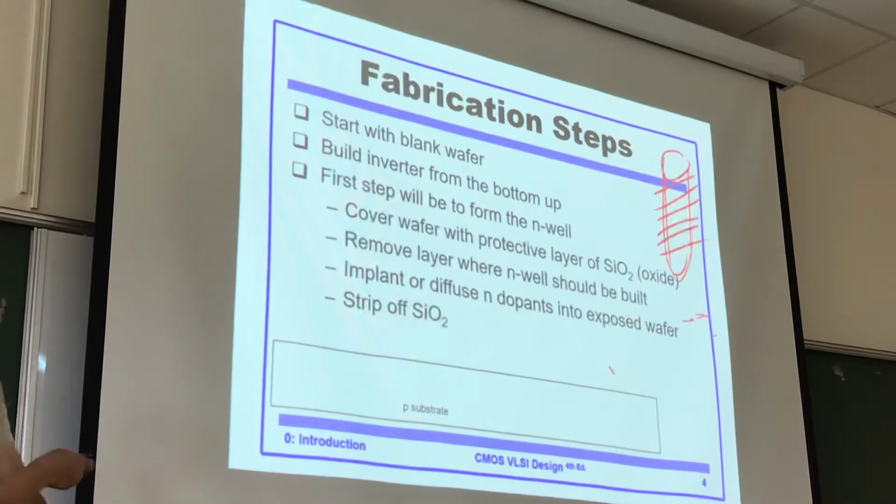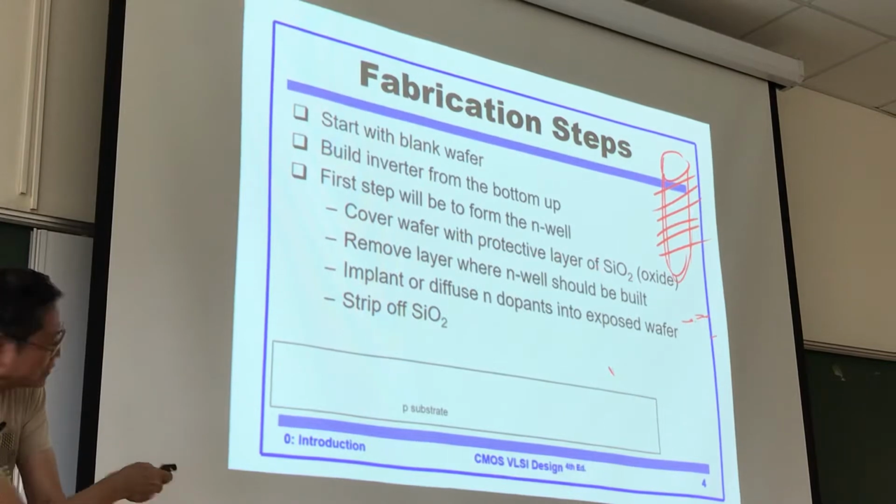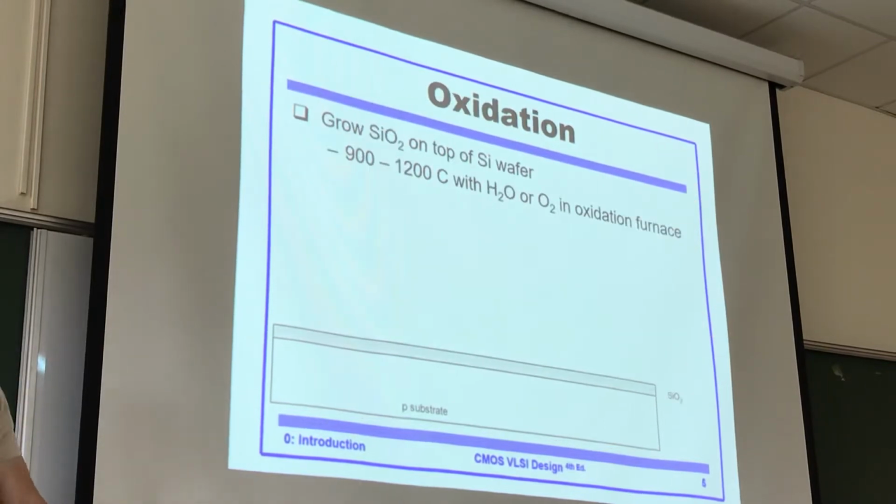First of all, we cover the wafer with a protective layer of SiO2. How do we do that? We grow SiO2 on top of the Si wafer by putting the wafer in the oxidation furnace.